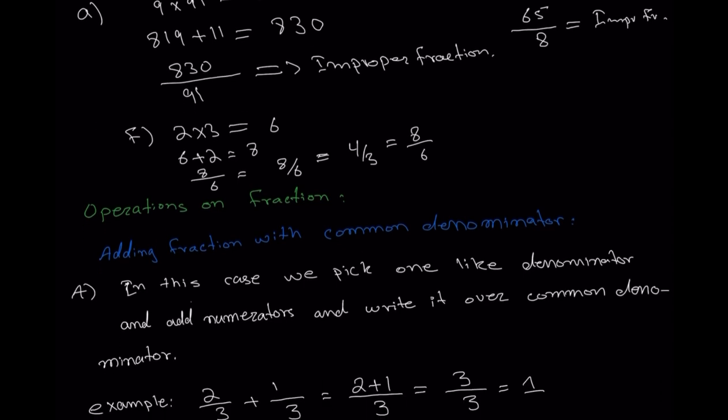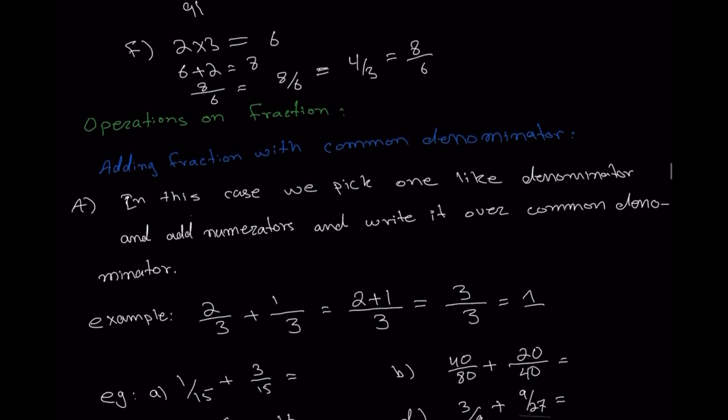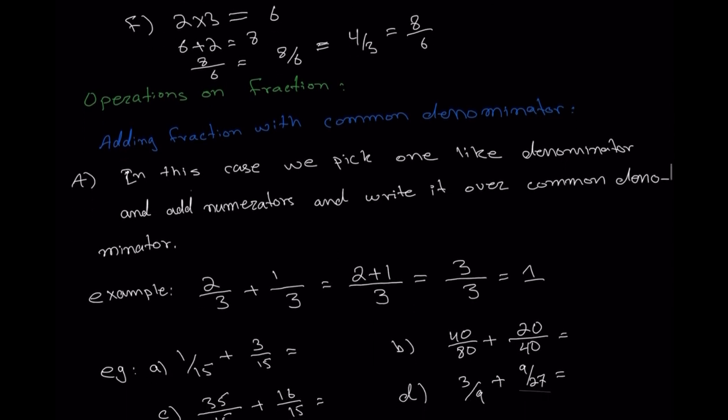Okay, let's talk about operation on fractions, or arithmetic operation on fractions. We have 4 operations: addition, subtraction, multiplication, and division. We will follow all these 4 operations on the fractions here.